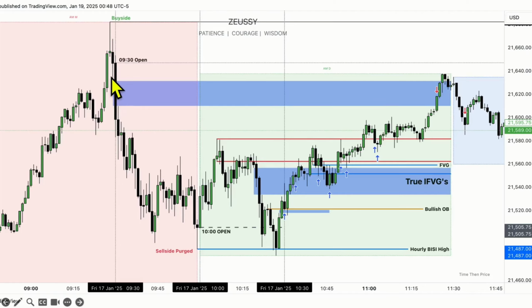Towards 9:45, the beginning of our macro from 9:45 to 10:15, we begin to see the market consolidate. It's going back and forth, back and forth, back and forth. 10 o'clock comes along. What does 10 o'clock do? This is the open of that RE candle, which I've been outlining to you in the previous slides. Notice that from 10 o'clock, the market opens and immediately begins to run higher.